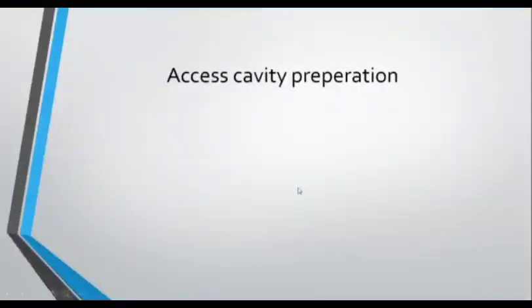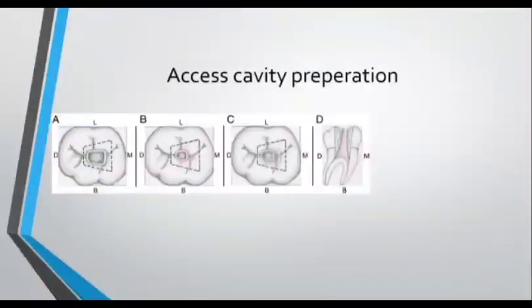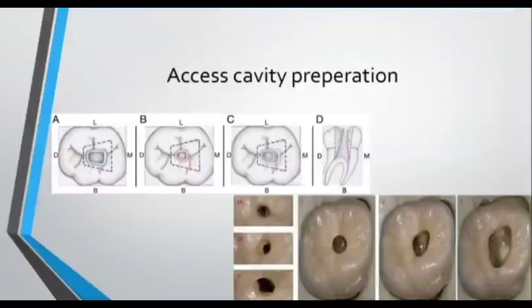Now, we have a lower first molar that needs a root canal treatment, and we are going to drill for the access cavity preparation. A lot of concepts come to our mind in the access cavity design. Should it be traditional, conservative, or ninja access?